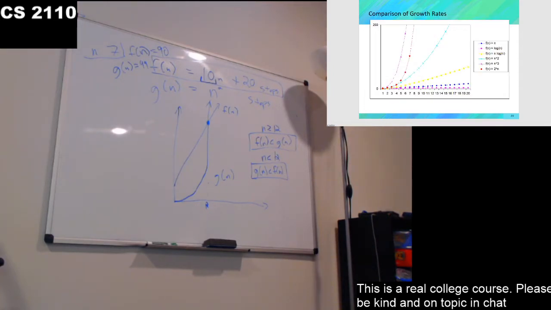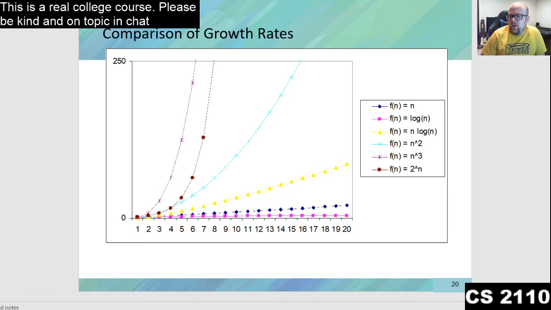Let's compare rate of growth. Let's say that I have these algorithms. Now, by the way, this is not square shaped. This is 20 wide by 250 tall. If you look at this, it looks like f of n is this blue diamond here.